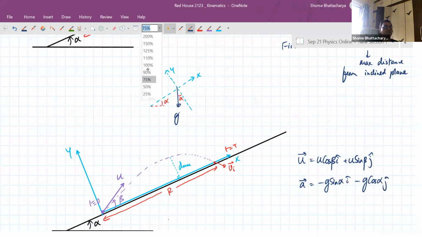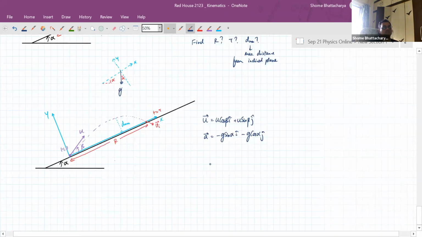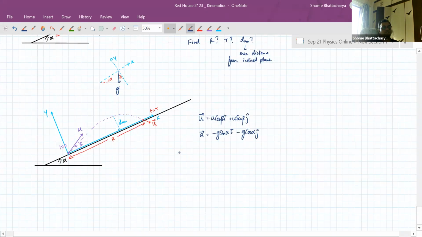So this is the critical step. After this, the approach is more or less the same. Our x component of motion is such that ux is u cos beta. I'll also put in the values that we have taken above. So that is 35 into cos 37, which will become 28 meters per second.